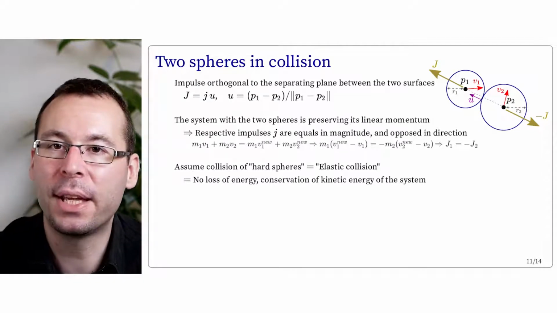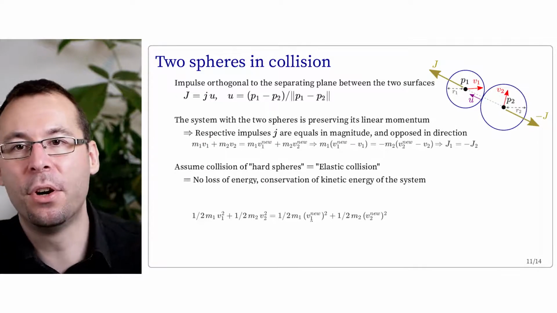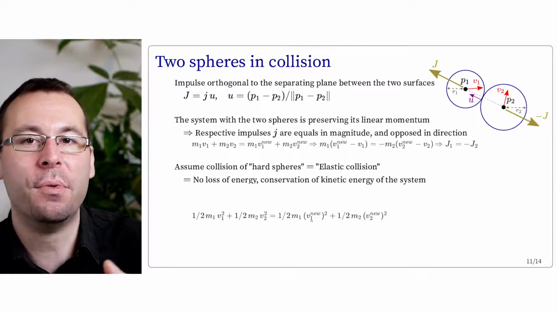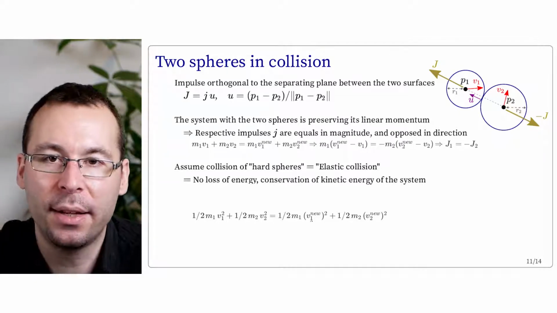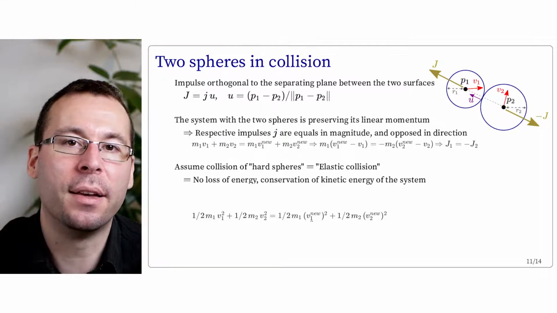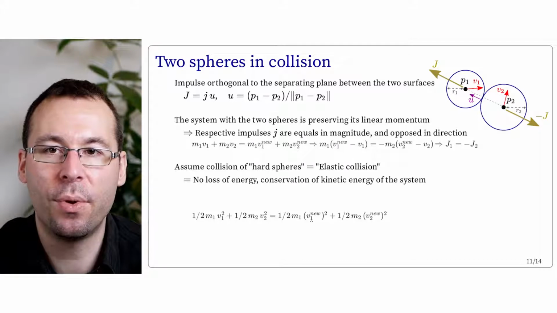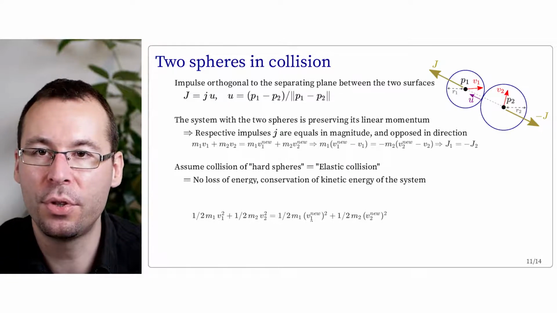And then we can write the preservation of the kinetic energy. So we have 0.5 m1 times v1 squared plus 0.5 m2 times v2 squared, that has to be equal to 0.5 m1 times the new v1 squared, plus 0.5 m2 times the new v2 squared.